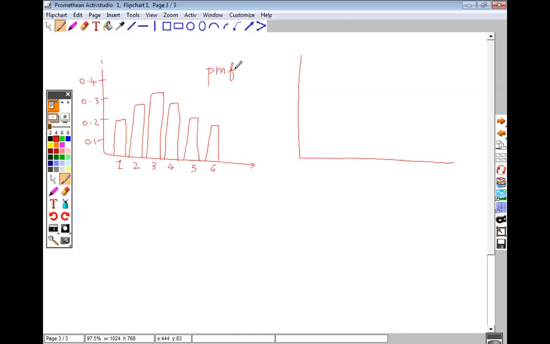Probability mass function. Exactly right. So whenever I'm looking at a discrete distribution, remember we have a probability mass function.